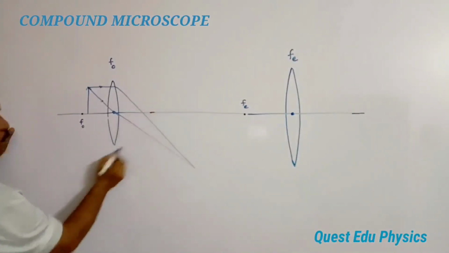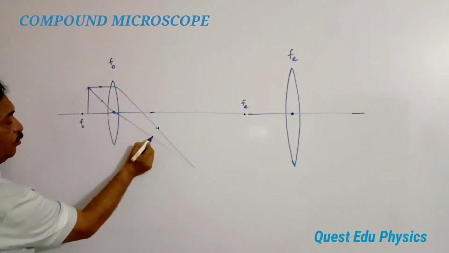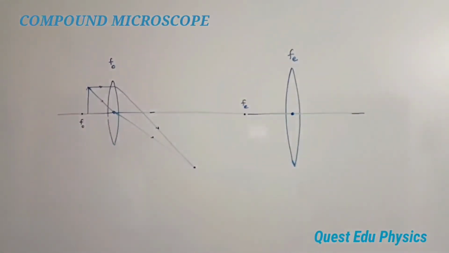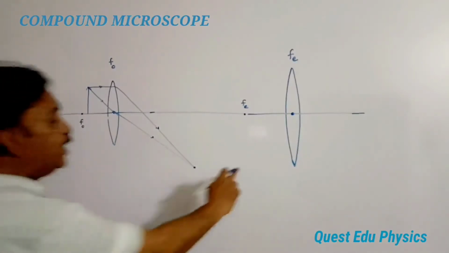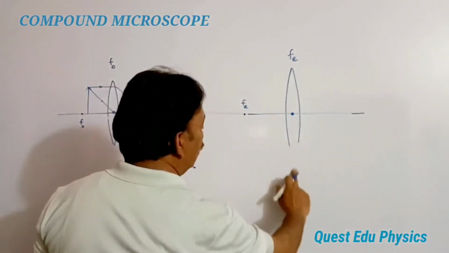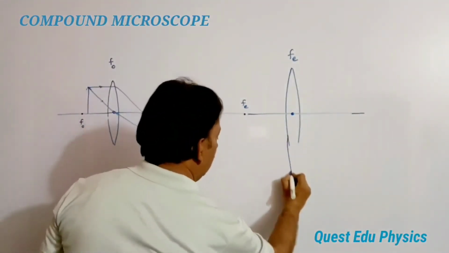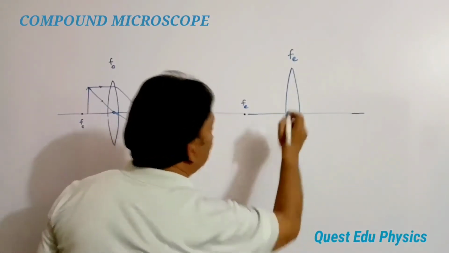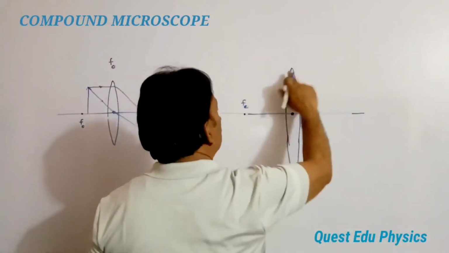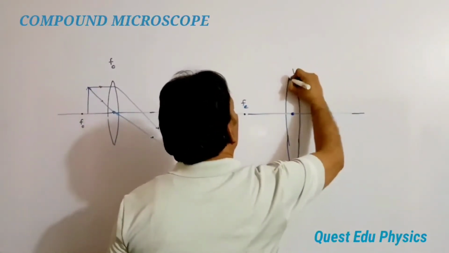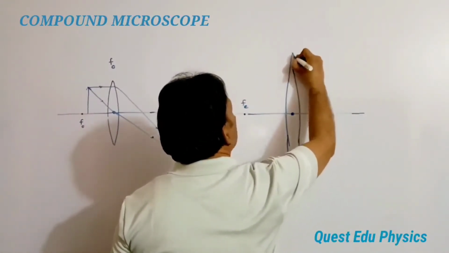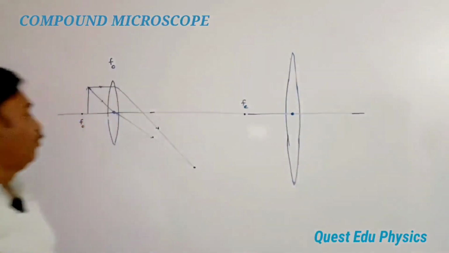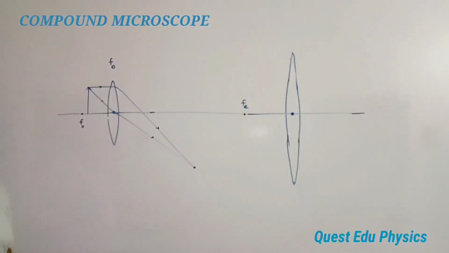Okay, students, it is the image that I get. For convenience, I'm extending the length of the lens. Actually, it isn't required, but it makes the diagram easy and somewhat better. I'm taking a few liberties. The image is formed here.